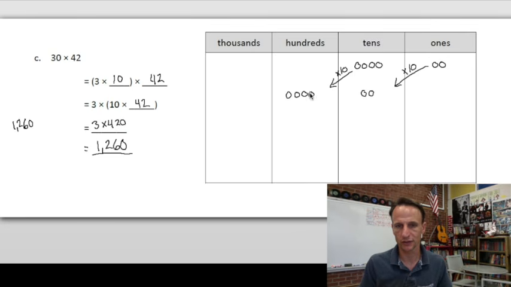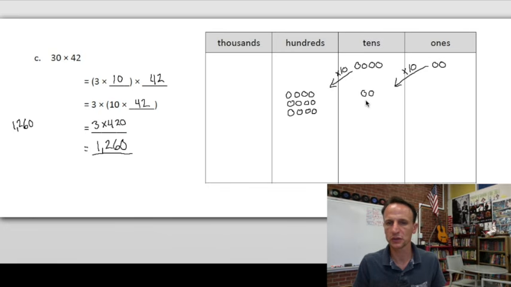I have 1 row of hundreds, so I'll add a second row of hundreds and a third row of 400s. And I'll do the same thing with these 2 tens, adding a second row and a third row. And you notice we have 1260. That's what we end up with.